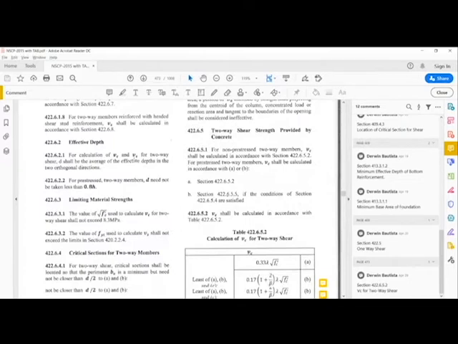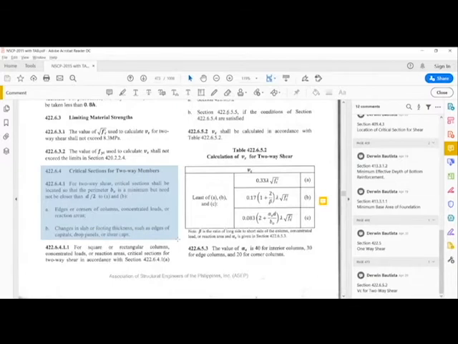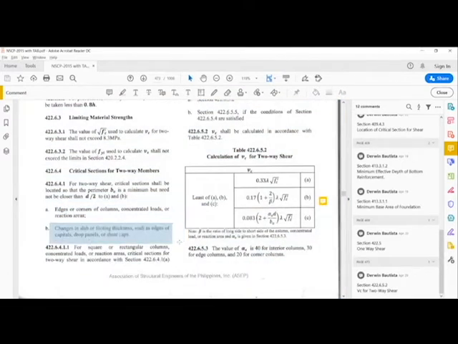So let's proceed first with 422.6.4. What is your critical perimeter bo? The critical perimeter shall be located so that the perimeter bo is a minimum but need not be closer than d over 2 to A and B. So we are going to project a distance d over 2 from A, edges or corners of columns, concentrated loads and reaction areas, and B, changes in slab or footing thickness such as edges of capitals, drop panels, or shear caps.